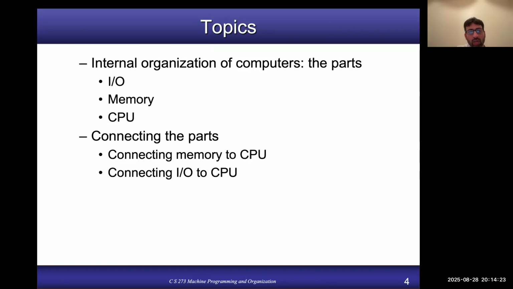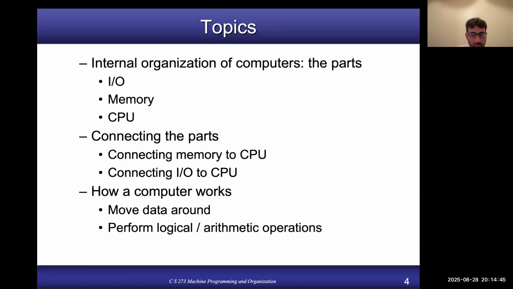For example, how memory is connected to the CPU, how IO devices are connected to the CPU, and how a computer works, which basically means how data is moved around. For example, how you can send data from CPU to the memory, or from memory to the CPU, or from memory to the IO devices, right? And how can we perform the logical and arithmetic operations on the data.